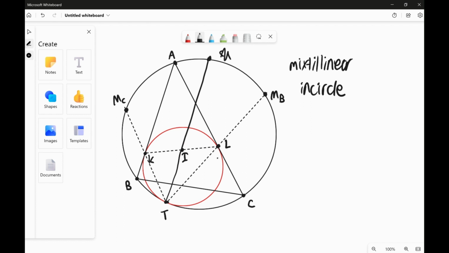Suppose MA. In order to do this, we'll show that CTI is equal to CTMA. So directed angle CTI is equal to directed angle CTMA.